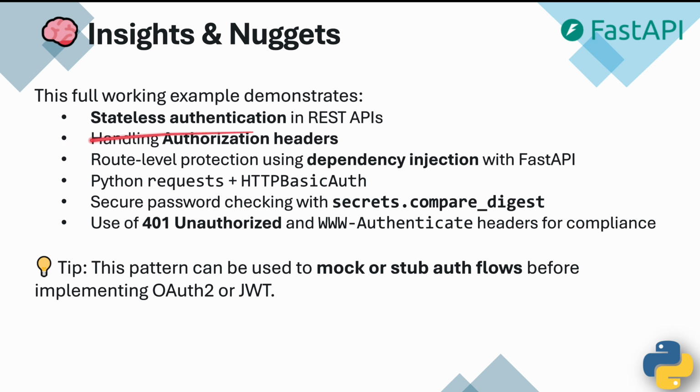It demonstrates stateless authentication in REST APIs, handling authorization headers, route level protection using dependency injection with FastAPI, Python requests plus HTTP Basic Auth, secure password checking with secrets.compare_digest, and use of 401 unauthorized and WWW-Authenticate headers for compliance.